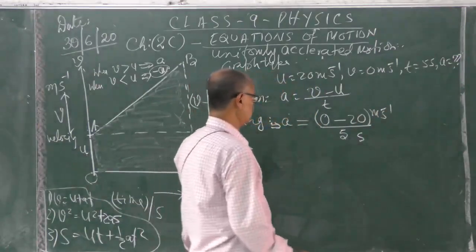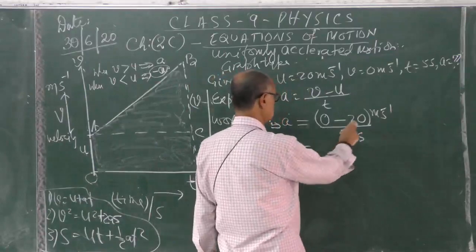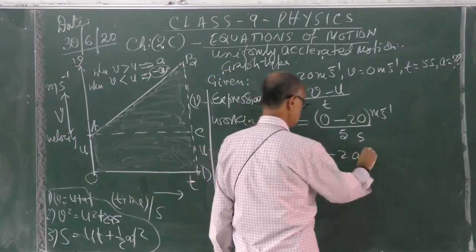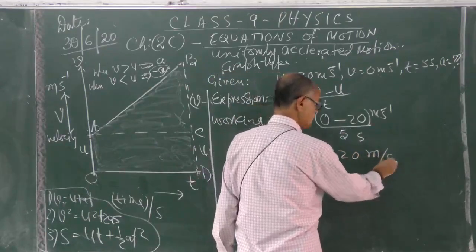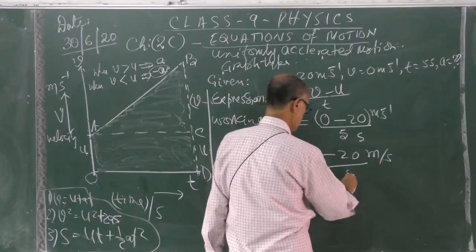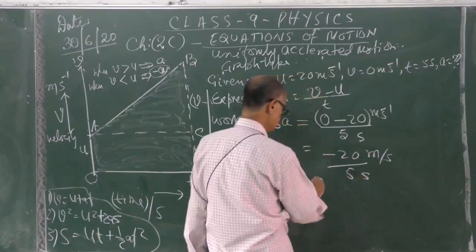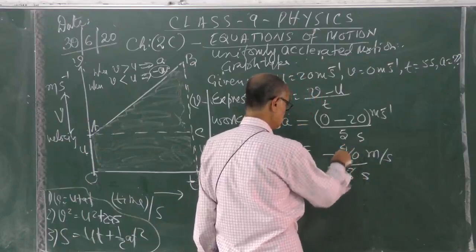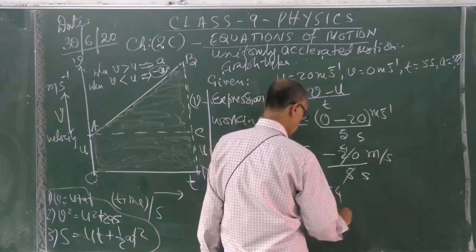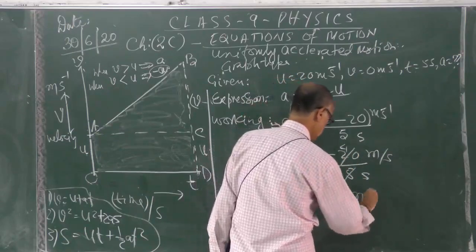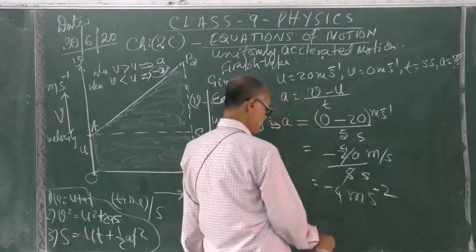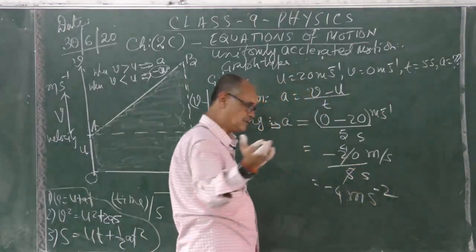So here you are getting 0 minus 20 is minus 20 meter per second divided by 5 second. This 5 and 20 cancel, that is 4. It is coming minus 4 meter per second square. Obviously meter per second square is the acceleration unit.